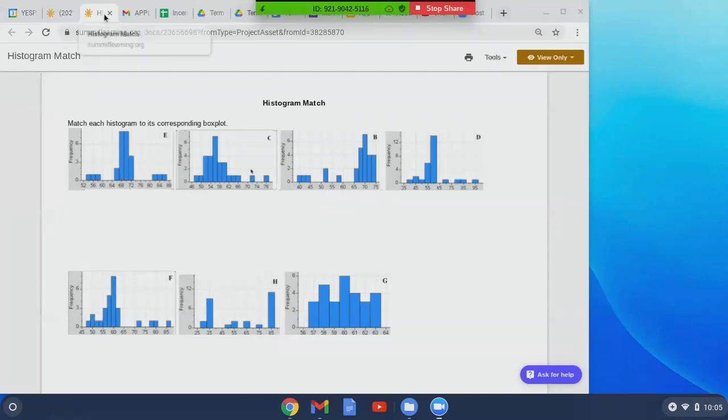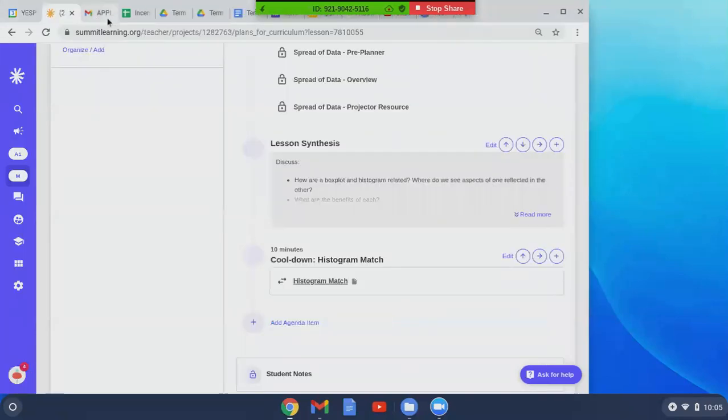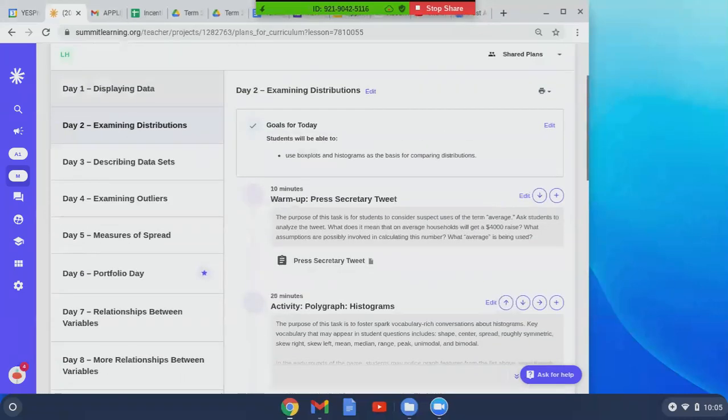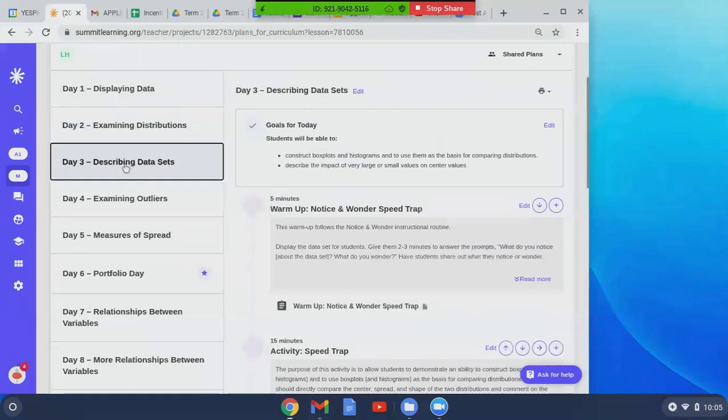Then I will look at the third checkpoint. For those of you who have done the second cool down, I'm just going to show you the third.